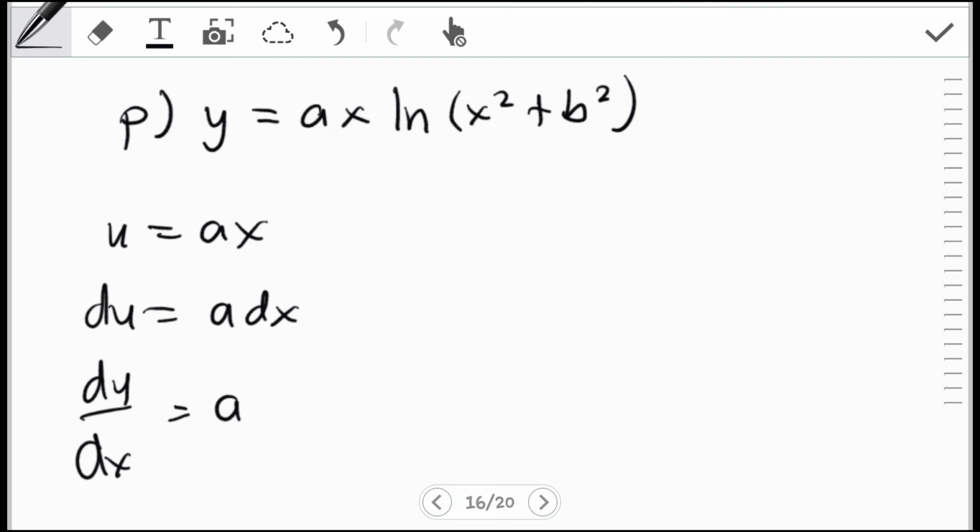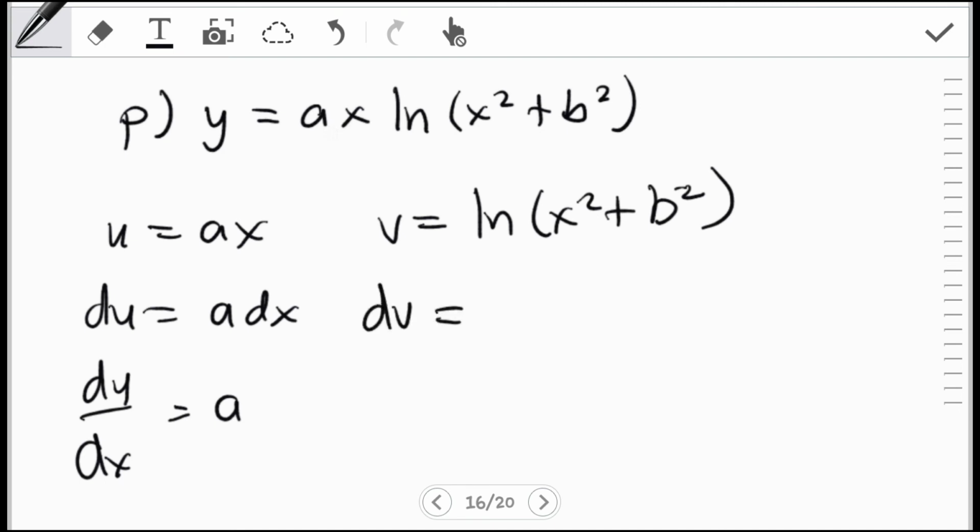So where v is equals to ln of x squared plus b squared, where dv, that is equivalent of the derivative of this. Okay, so 2x.